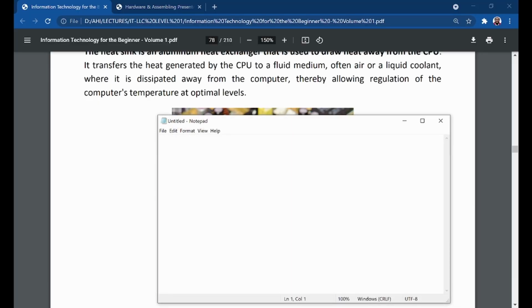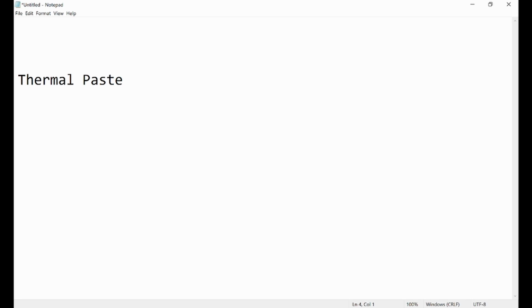That paste is called, let me type it on the screen for you to see. It's called the, have you seen it? It's called what? Thermal paste.